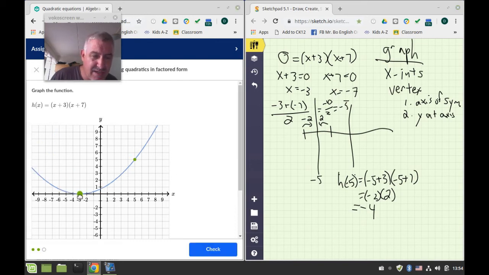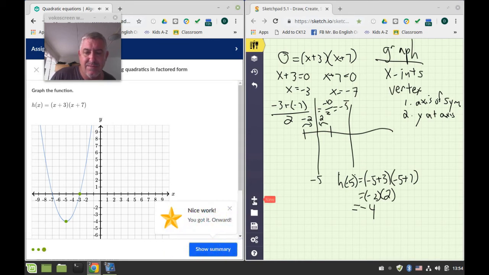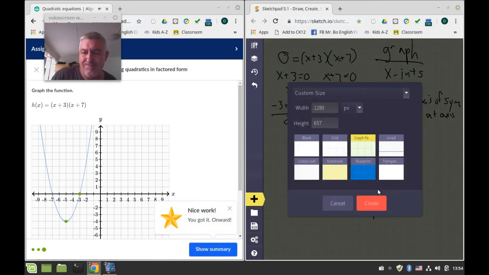So I'm going to find that point over here, and one of our x-intercepts is -3, and the other one is -7. That's a good way for us to check as well. In this program, when we line up one in the right place, the other one should be in the right place too. And if it's not, then we need to go back and check our work.